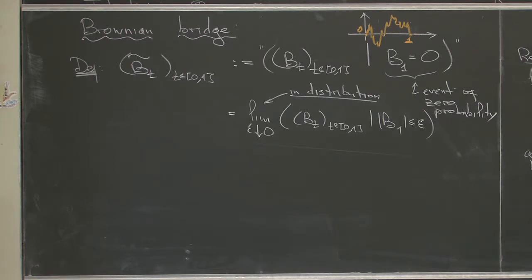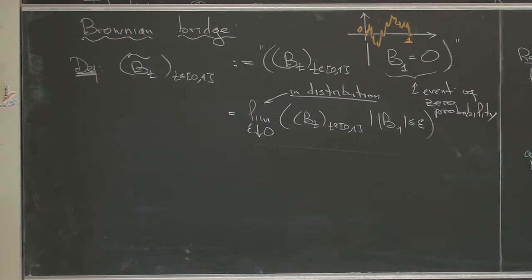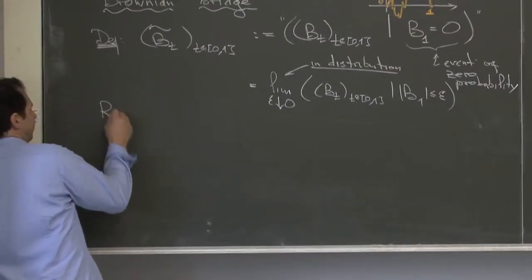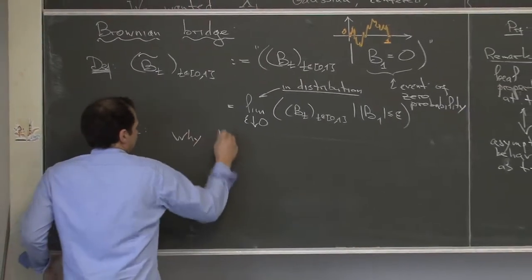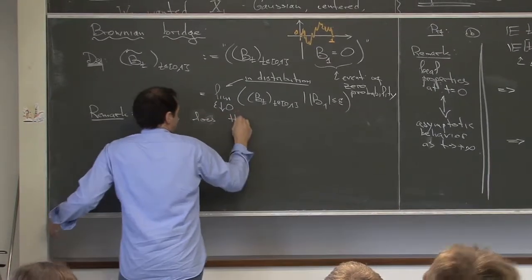Then probably I should prove something, right? I just wrote this definition, but there should be some argument why this exists. Okay? So why does this limit exist?